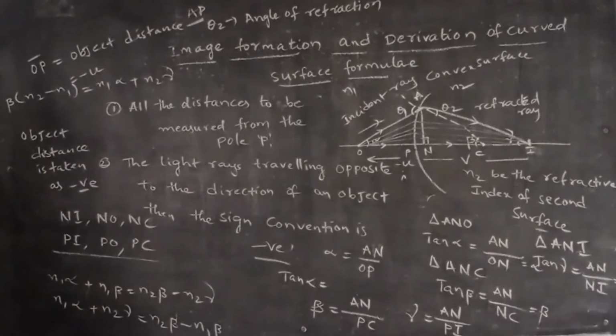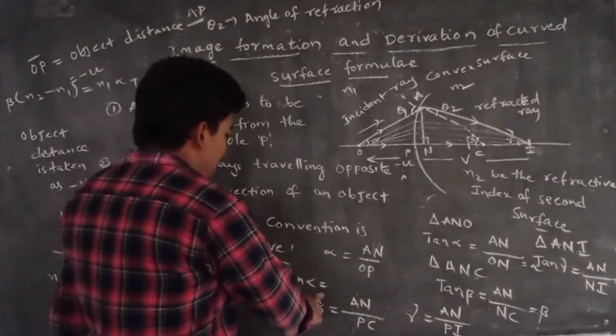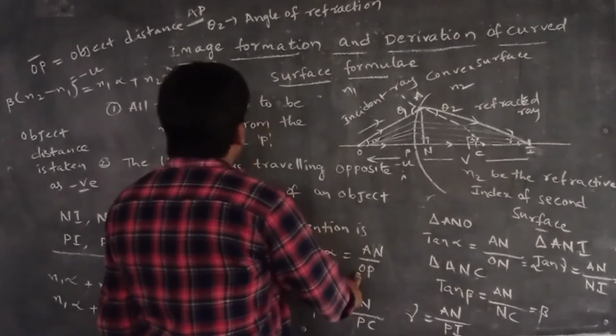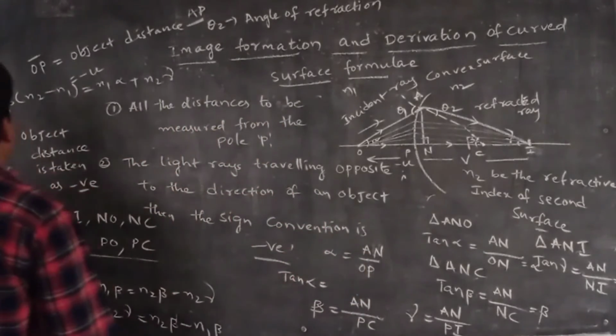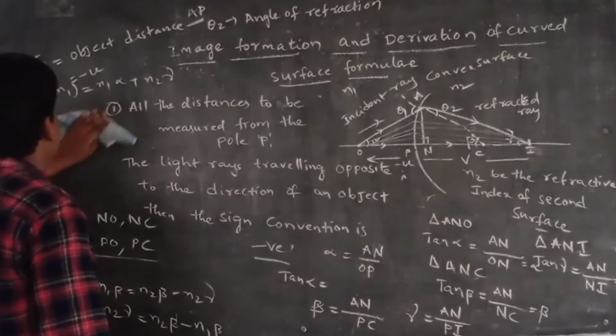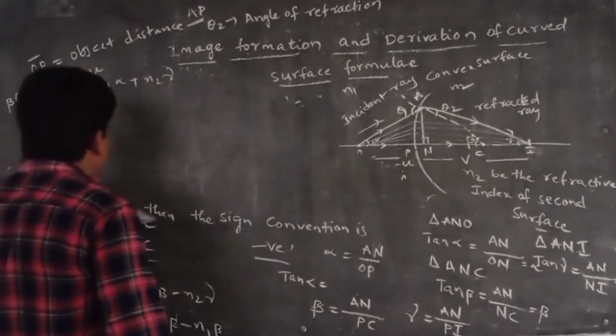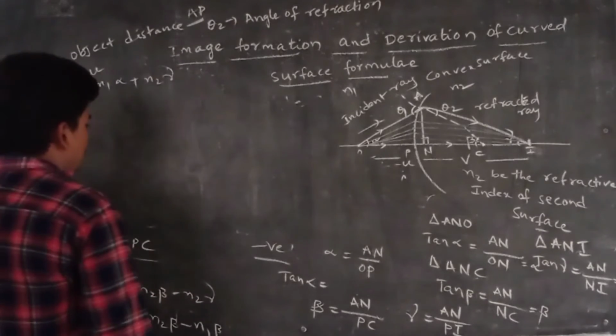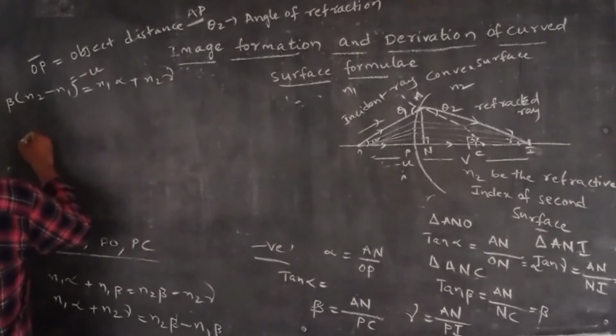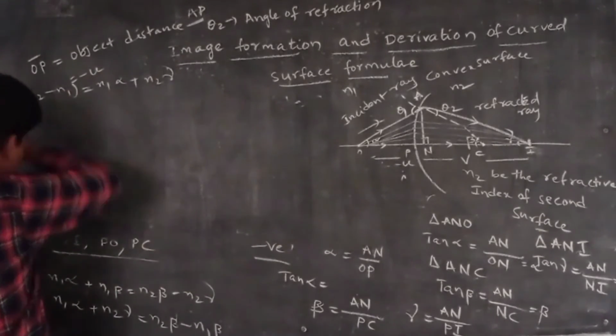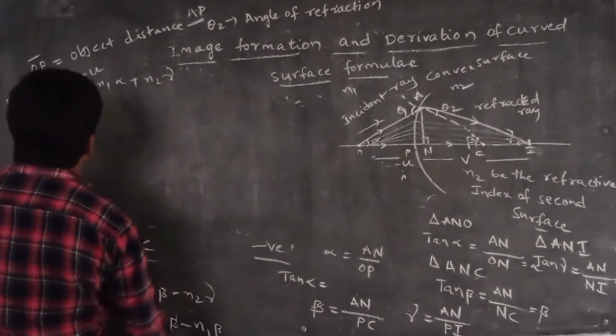We know the values here. What is the value of alpha? Alpha is AN by OP. By substituting these values in this equation, what is the beta value here? Beta is AN by PC.